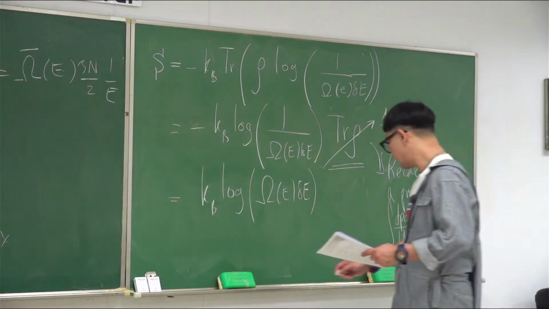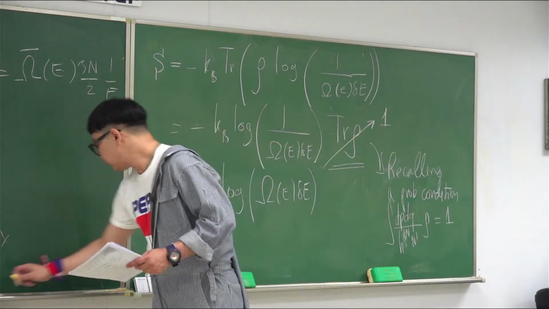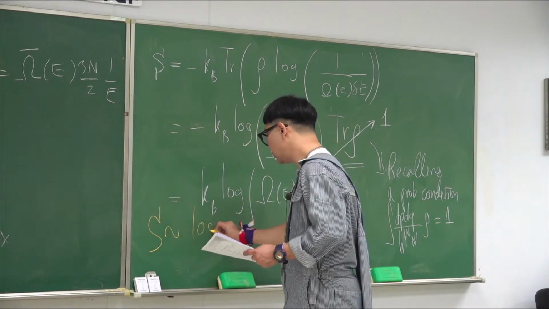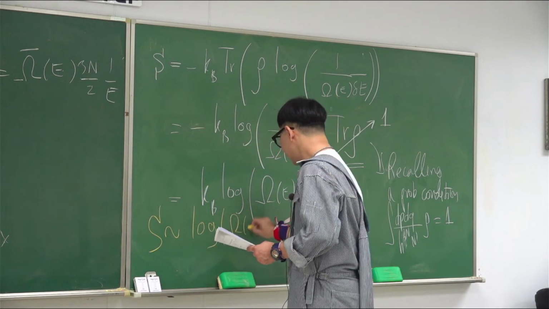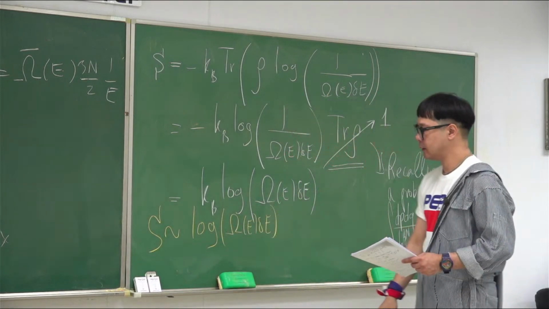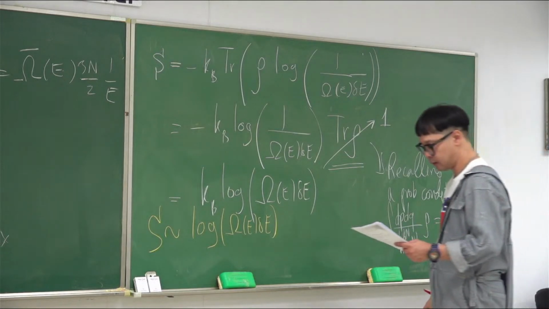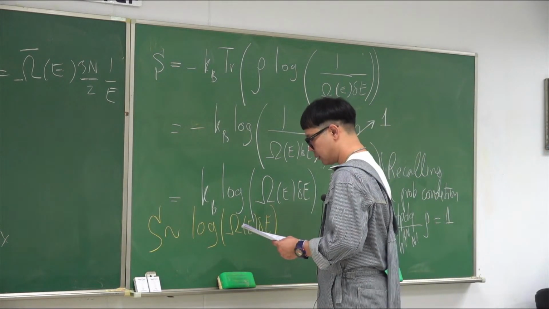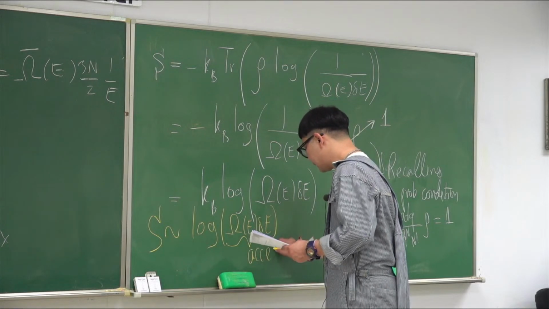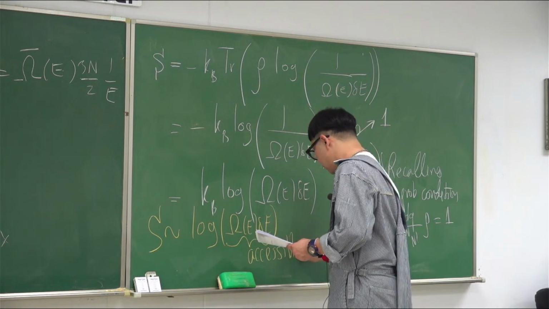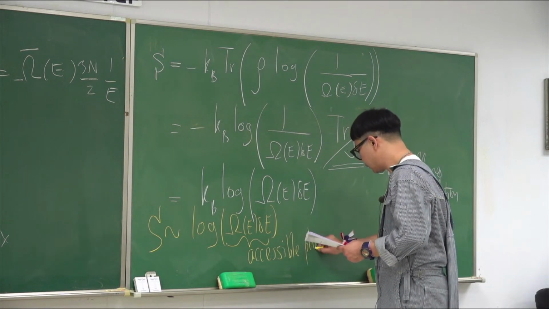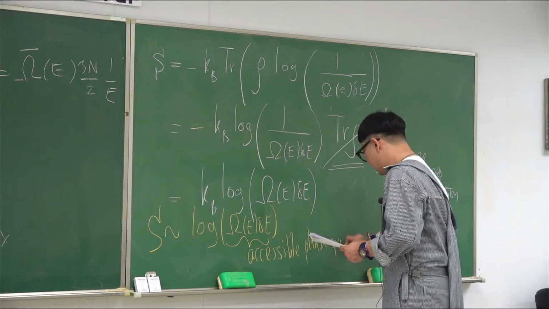Besides that, this entropy is proportional to the log of this quantity, right? Which could be said to be the accessible phase space volume.